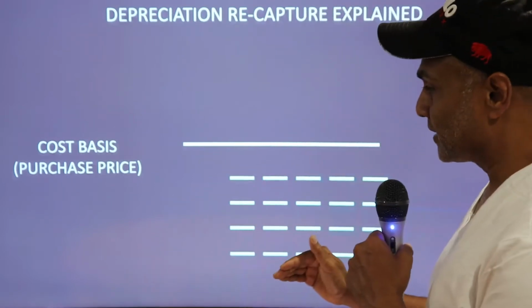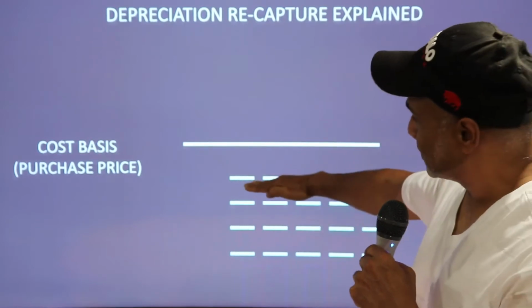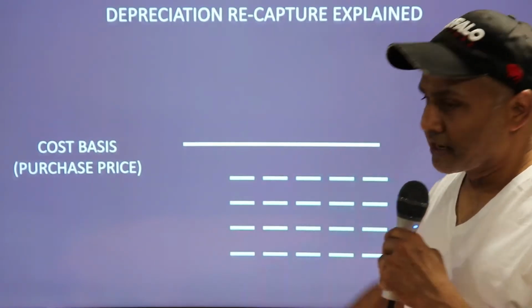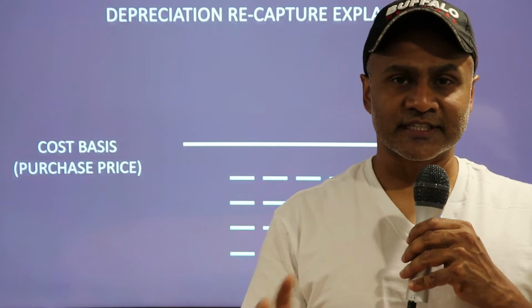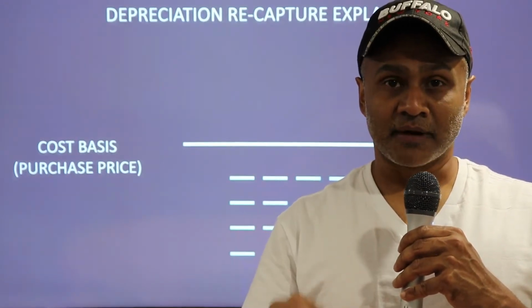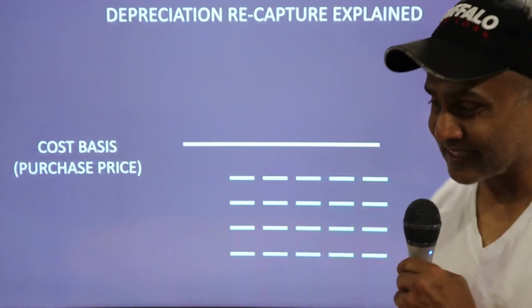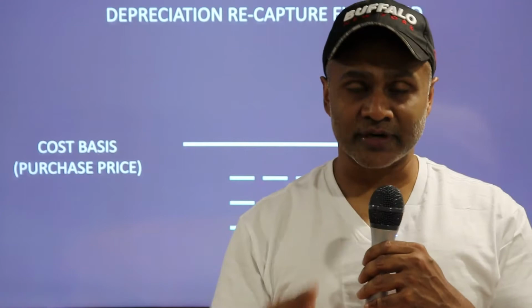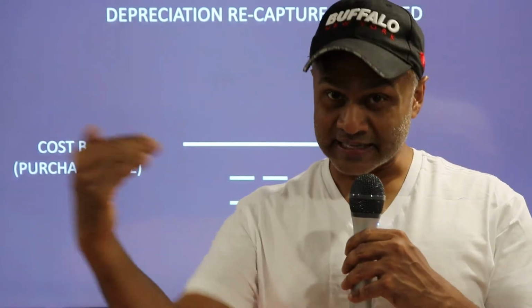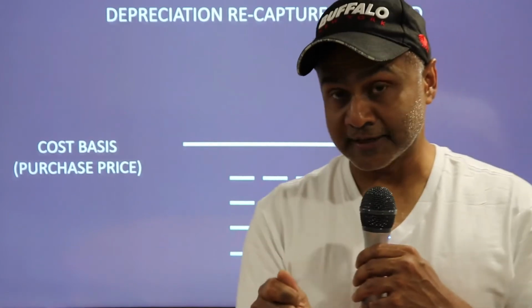The IRS then allows you to deduct roughly $3,600 every year. I believe the exact number of $100,000 divided by 27.5 is $3,636. So to be exact, it's $3,636 that the IRS allows you to deduct on a yearly basis, which is beautiful again.